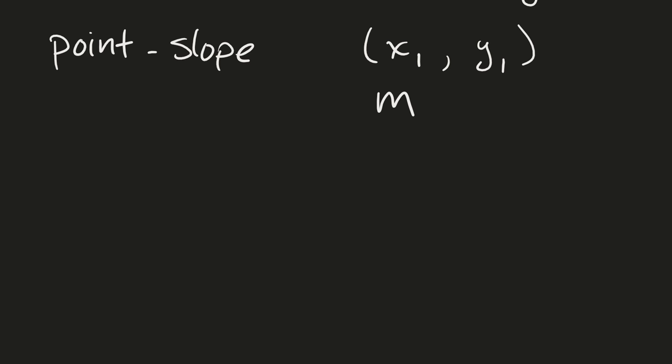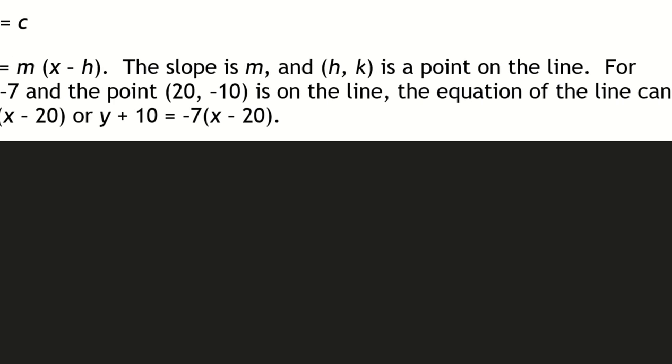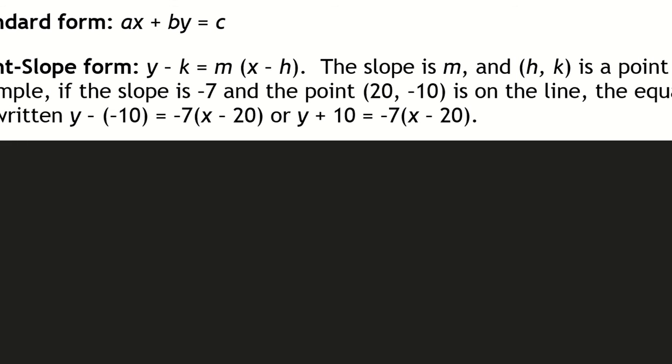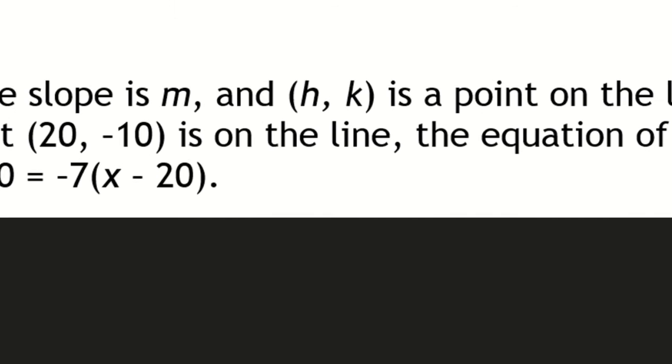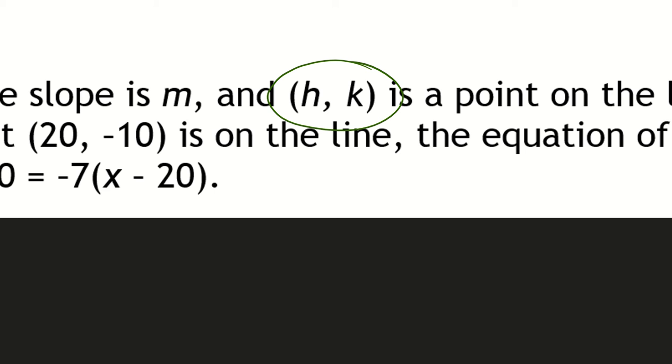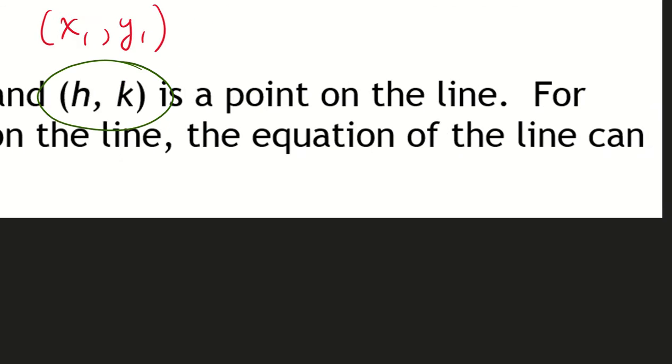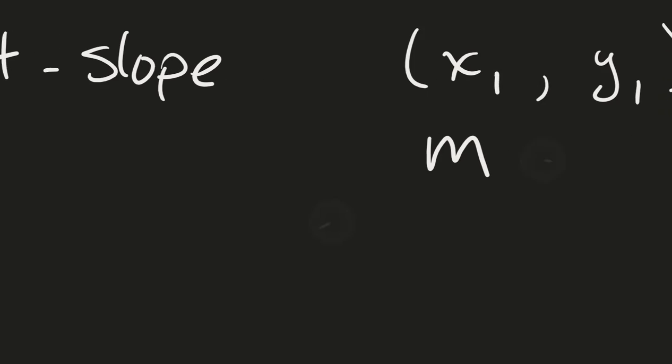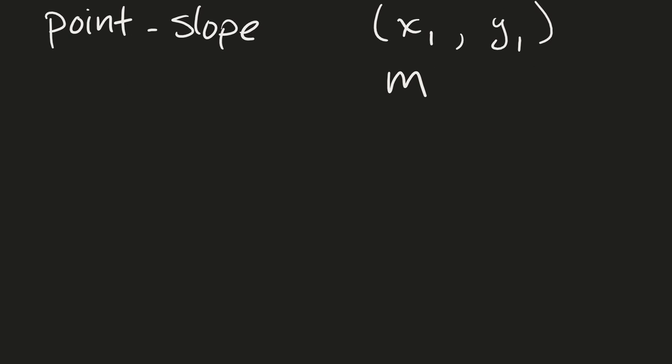So our book uses, and you'll see this, they're telling you that the point that you have is the point (h, k), and this is not terrible, this is not awful, but I think it's more helpful for me if I call the point that I'm given x1 and y1. So I'm going to sub that out in the formula that appears in your book, and I think you'll see that it sounds better when you write things down that way.